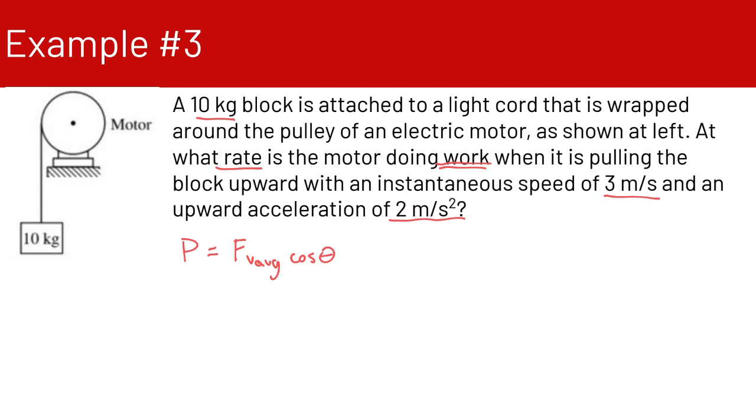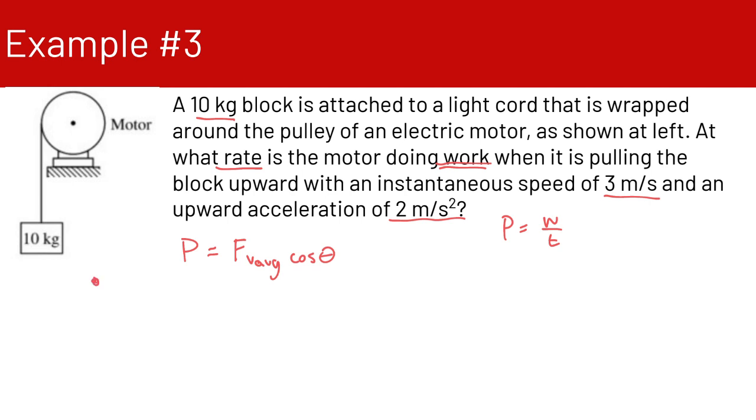We can't use power equals work divided by time because we don't know how long the motor has been working. So we have to use the force times average velocity times cosine theta equation. To figure out the power, we need to figure out the force.